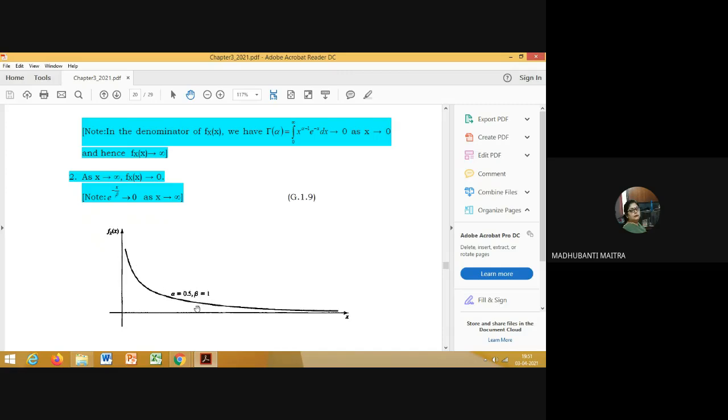So from this density function, it's clear that if x tends towards 0, then f(x) tends towards infinity, isn't it? Whereas if x tends to infinity, then f(x) is tending towards 0, right? So the plot of the density function is also corroborating these two properties.